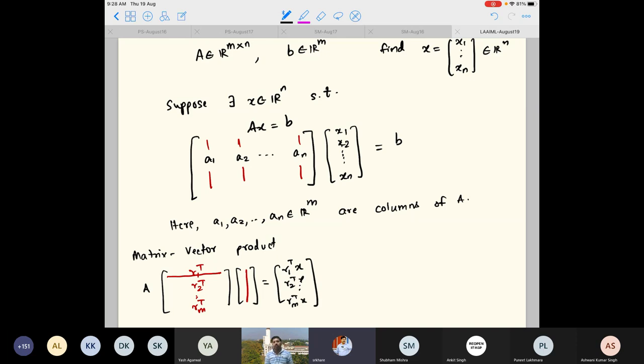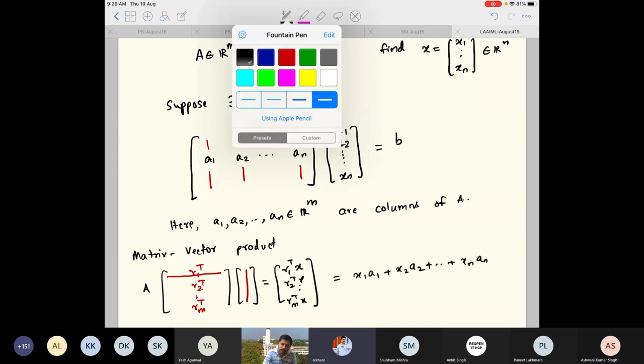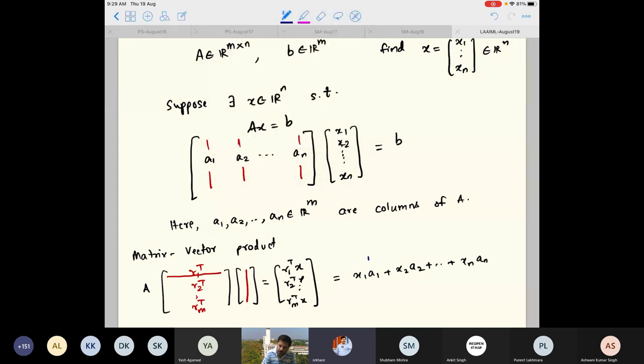This is typically how you immediately understand the matrix vector product. But can you say this is also the same as x1 a1 plus x2 a2 and so forth up to xn an, where these ai's are the columns? Can you see that the matrix vector product Ax is also this? The first column a1 gets multiplied by x1.